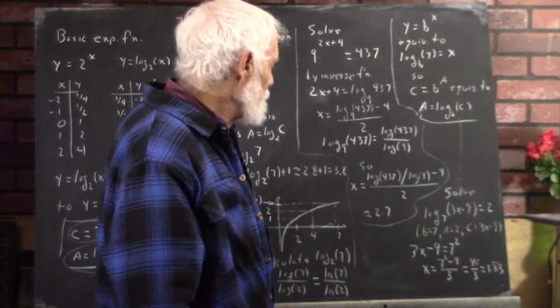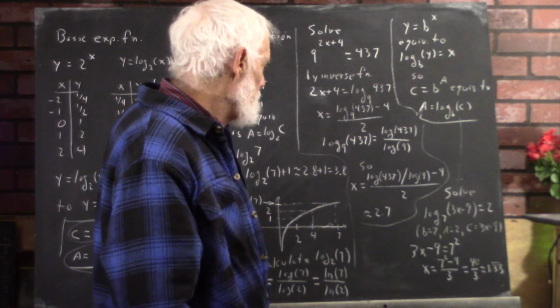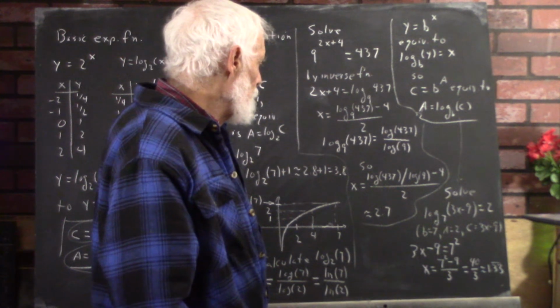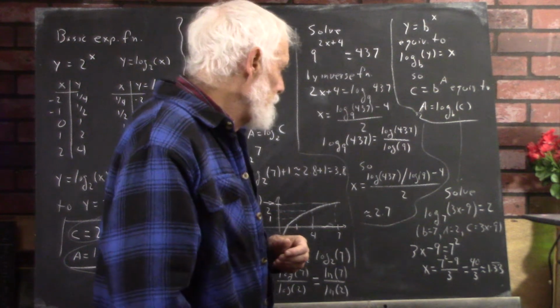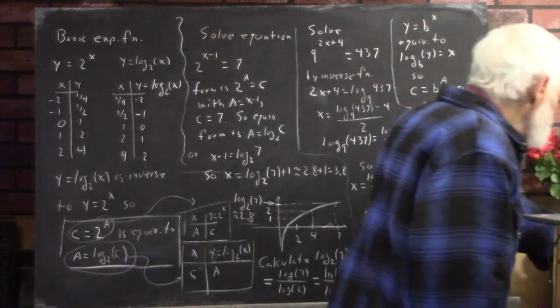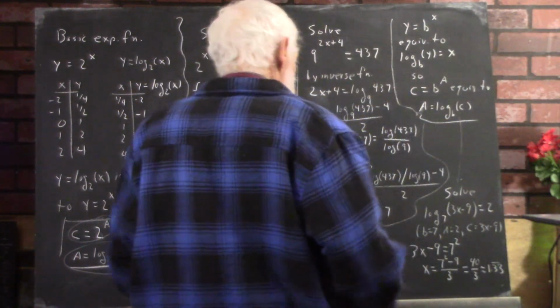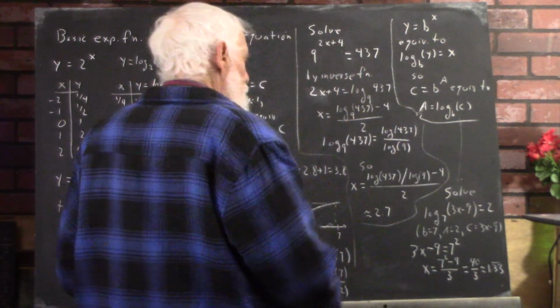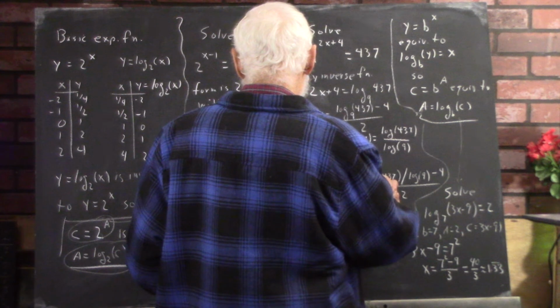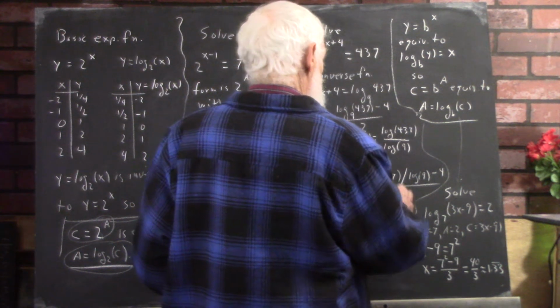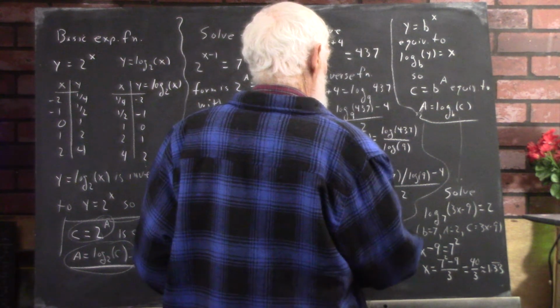So I went with 2.7. Now I don't know why I said we have approximately 2.7 here, except I was busy explaining something. I'm saying that the log of 437 is about 2.7.